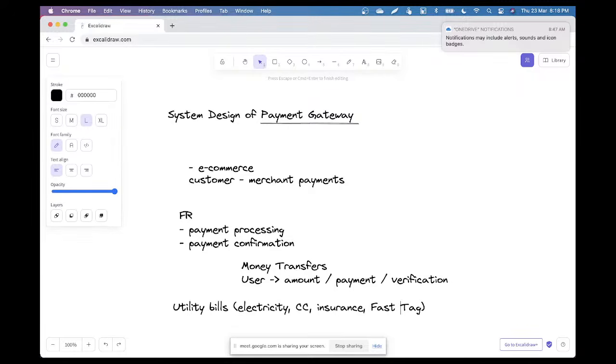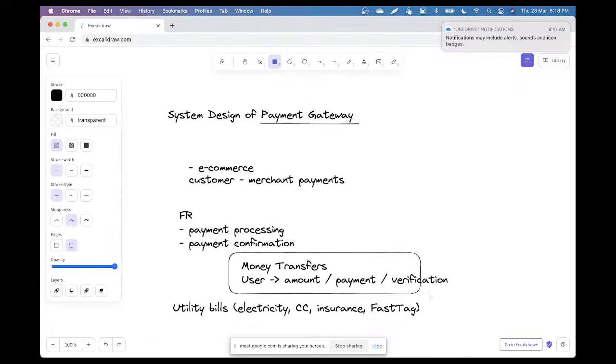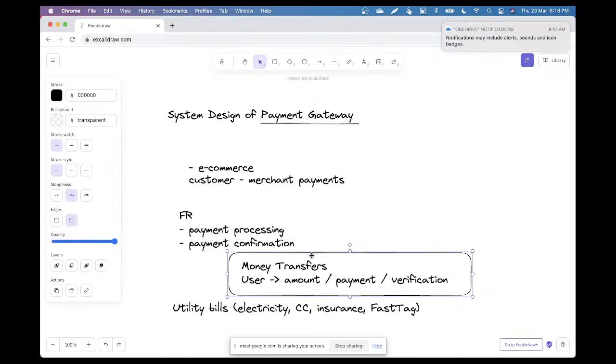Fastag, for example, is another use case. Maybe we will cover the design of Fastag in some other class. That's also a very important system. And then you have a lot of other use cases as well, for example flight booking, online shopping, etc. But we'll focus on the payment processing part mostly. How this money transfer happens is what we will be focusing on, other than so many use cases of Paytm.